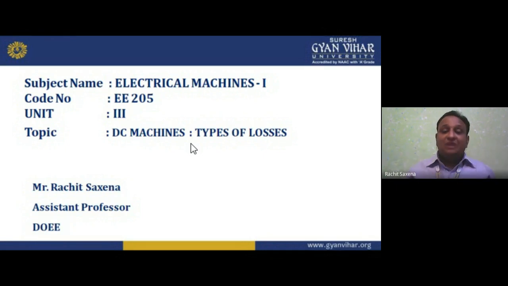So many things we have studied. If I'm talking about the voltage, V equals Eb plus IaRa in a motor. In a generator it is Eg minus IaRa. So in a generator we call it Eg, but in a motor we call it Eb, that is back EMF, and it is generated as per the same generating action, that is Faraday's law of electromagnetic induction.